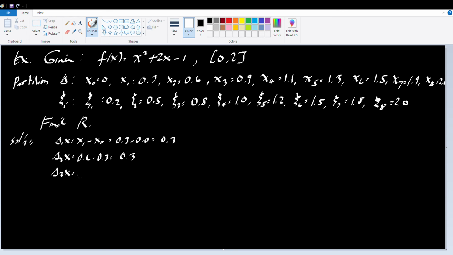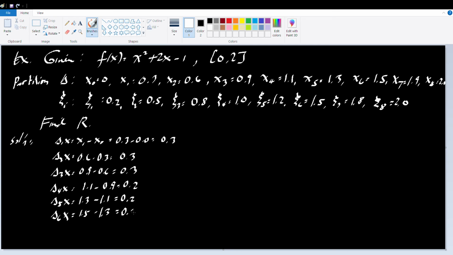Delta sub 3 x, that is 0.9 minus 0.6 is 0.3 also. Delta sub 4 x, that is 1.1 minus 0.9, 0.2. Delta sub 5 x, 1.3 minus 1.1 is 0.2. Delta sub 6 x is 1.5 minus 1.3 is 0.2. Delta sub 7 x is 1.8 minus 1.5, 0.3. And delta sub 8 x is 2 minus 1.8, 0.2.